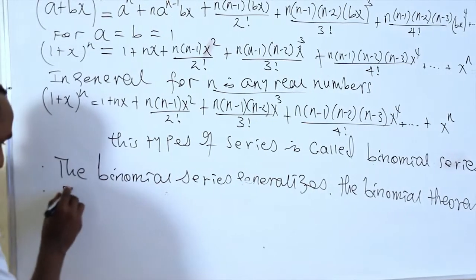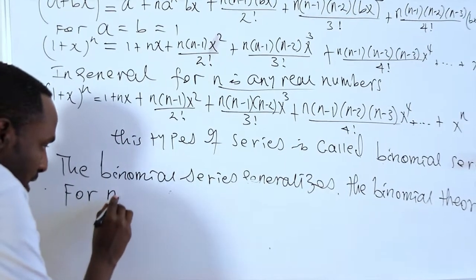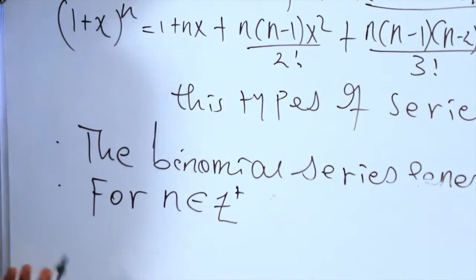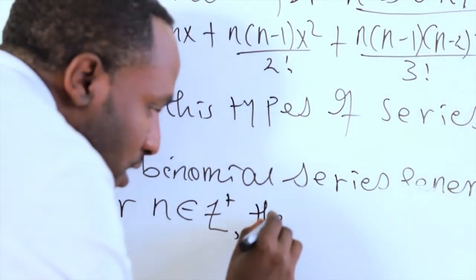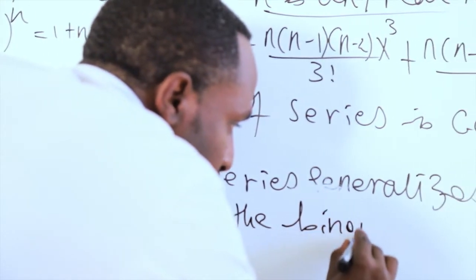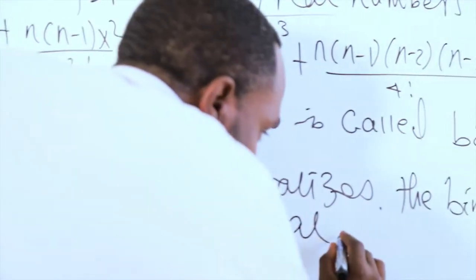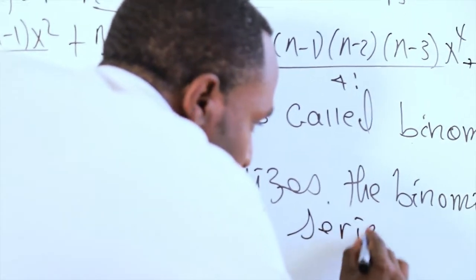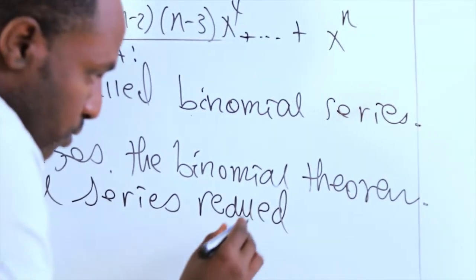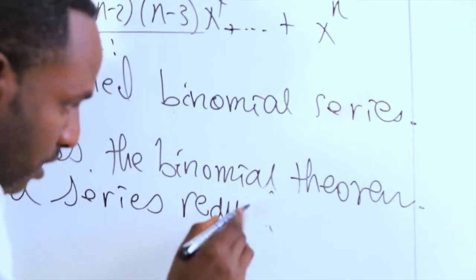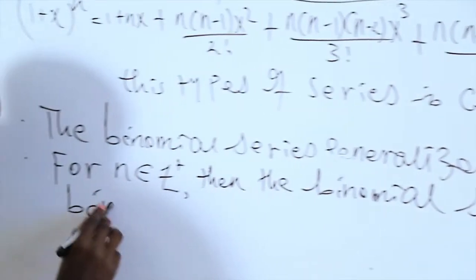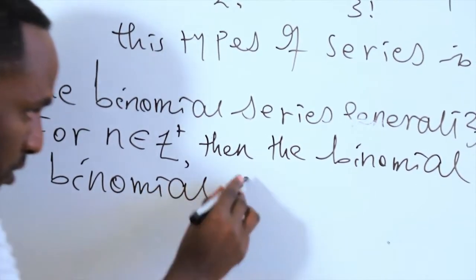And also, for n an element of the positive integers, for n a positive integer value, the binomial series reduces to the binomial theorem.